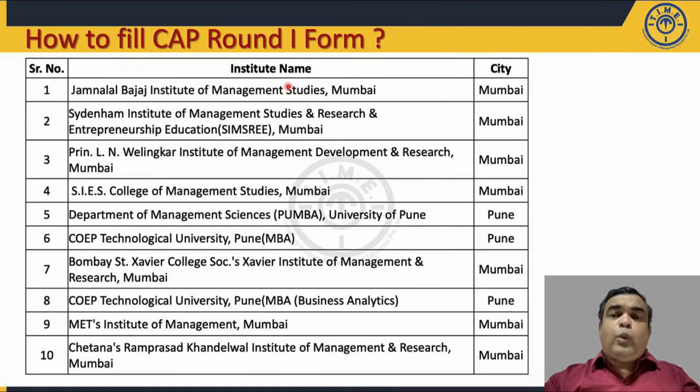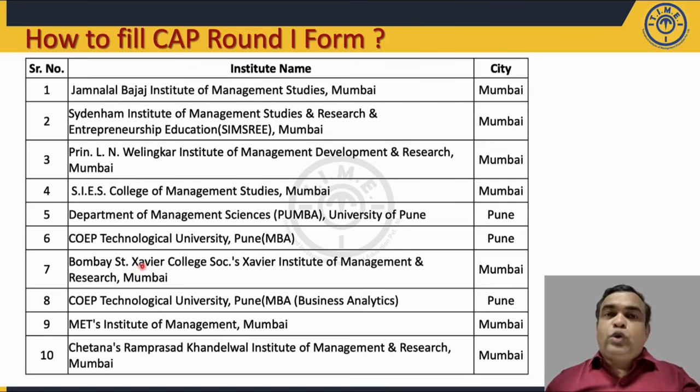Irrespective of whatever college you will get admission in, your first choice will be Jamnalal Bajaj Institute of Management Studies. Somebody will say, I'm not going to get that college at my percentile. Doesn't matter. Still, your choice number 1 will be JBIMS. Choice number 2 will be CET, choice number 3 will be Wellingkar, and so on. You have to fill the option form college list in this order only.